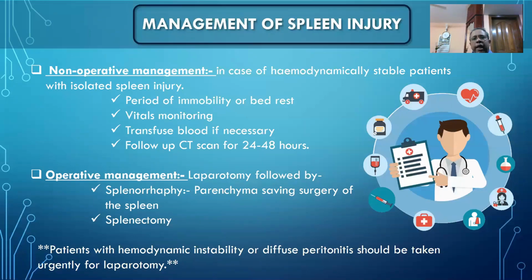So, management of splenic injury. There are two types of management: one is non-operative management, and the other is operative management. Non-operative is for hemodynamically stable patients with isolated splenic injury. In that case you observe pulse, BP, temperature, and assess the abdominal condition. If the vital signs are normal and stable, and if needed, go for blood transfusion, and follow-up CT scan again at 24 to 48 hours.